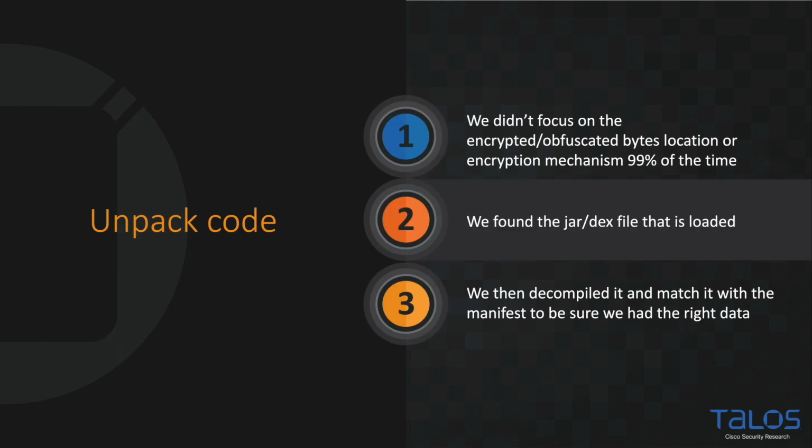So in this case, we didn't need to focus on finding the algorithm that's obfuscating the code. We just want to find either the jar file or the DEX file that is being loaded, and we'll work from there. Focusing on the encryption and all the obfuscation mechanisms usually will take you through a rabbit hole. So this is a really, really way simpler way of doing things.